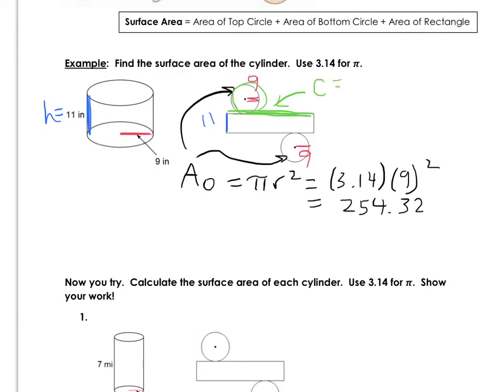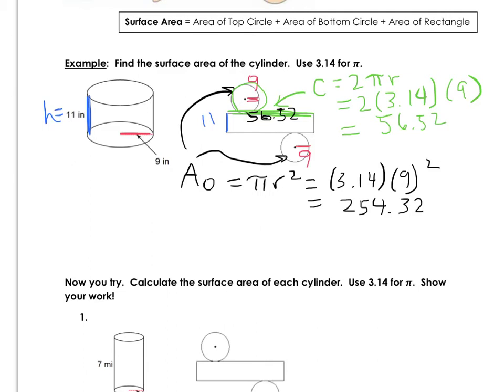So I can calculate circumference, 2 pi r, or 2 times 3.14 times the radius 9. And that gives me the circumference is 56.52. So what that tells me is the length of this rectangle is 56.52. I apologize, my handwriting's a little messy there.